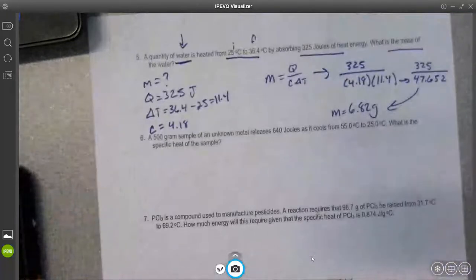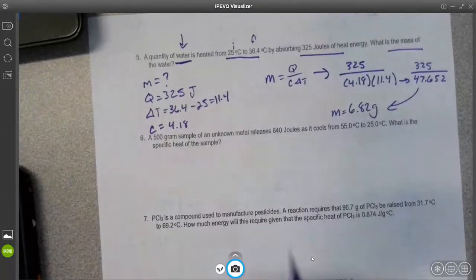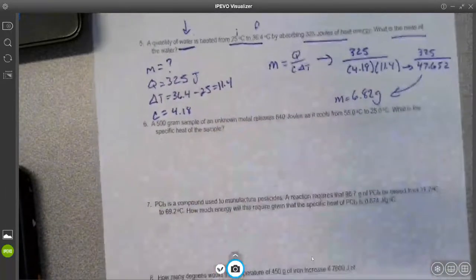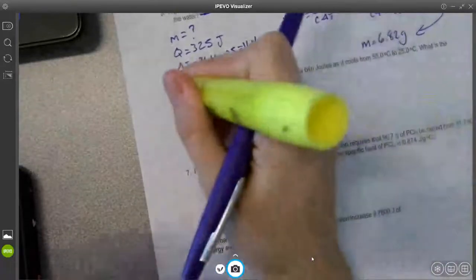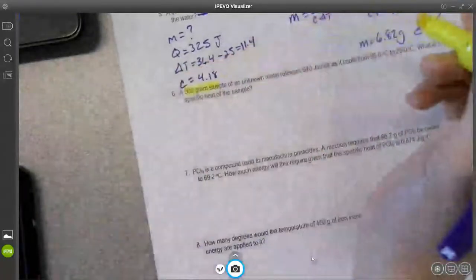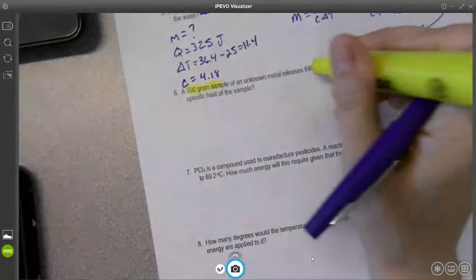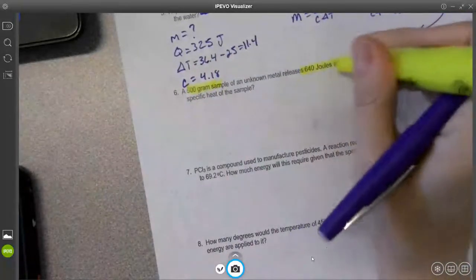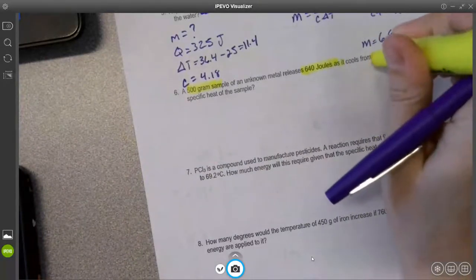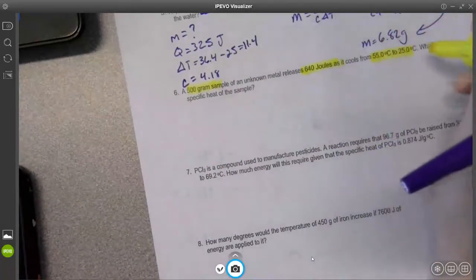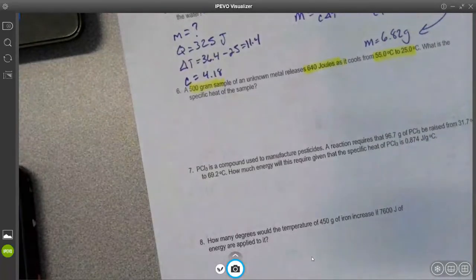All right, let's go ahead and get the equations for 6 through 7. Number 6, you are looking at a 500 gram sample of an unknown metal that gives you 640 joules. The temperature goes from 55 degrees Celsius to 25.